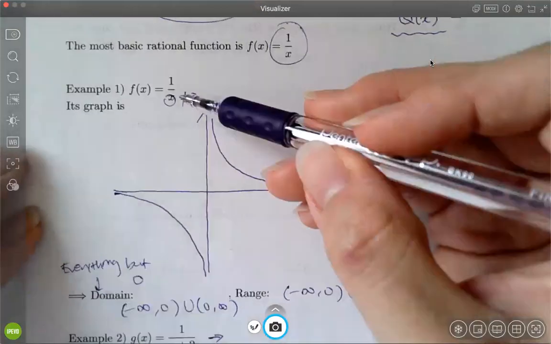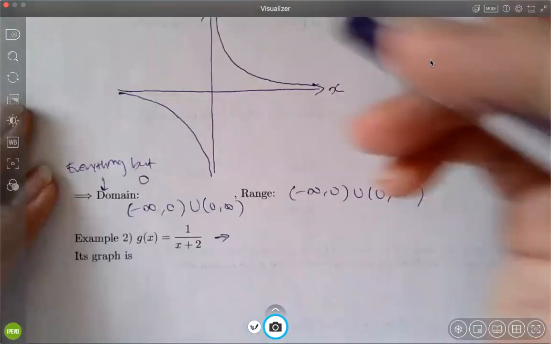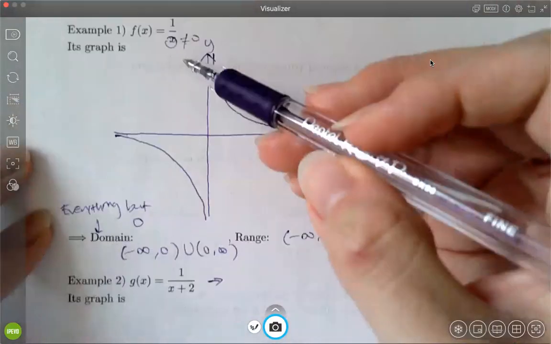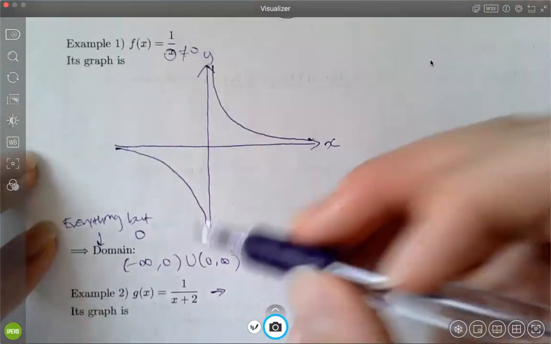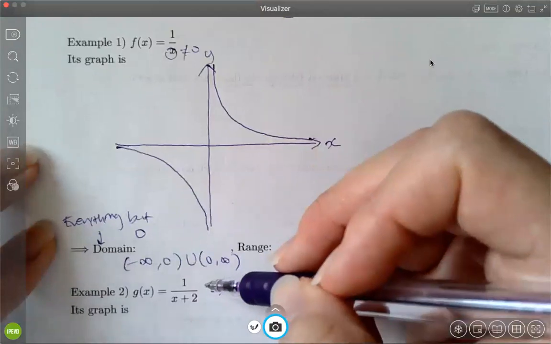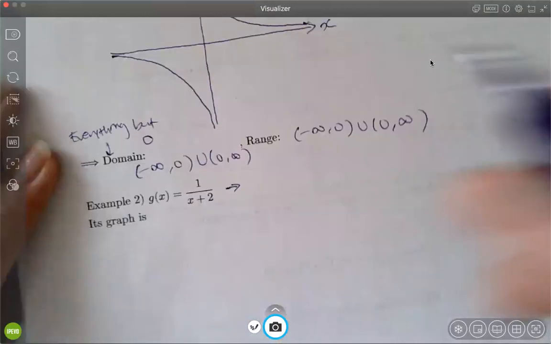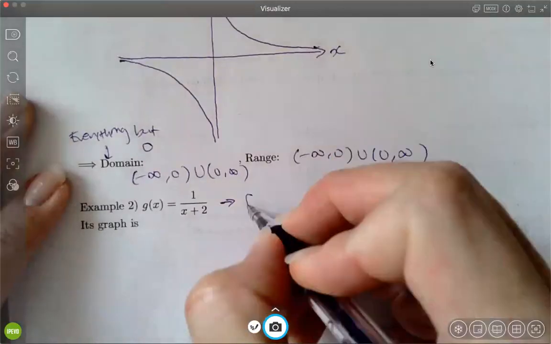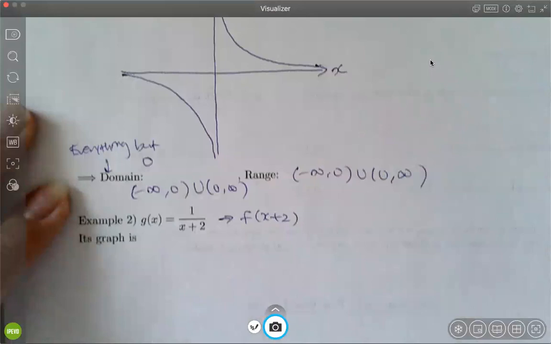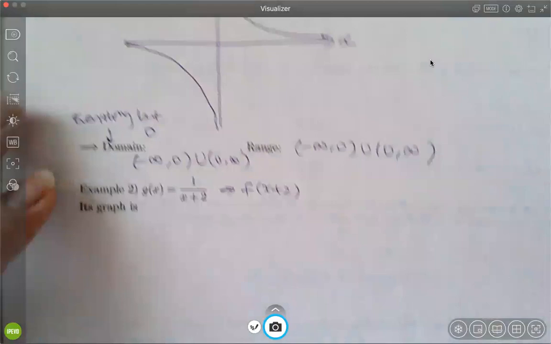So now, what's the difference between 1 over x right here, and 1 over x plus 2. You add 2 to x, right? Okay, now does it remind you anything that we have seen for this past exam? So this is f of x plus 2, where f of x is 1 over x.